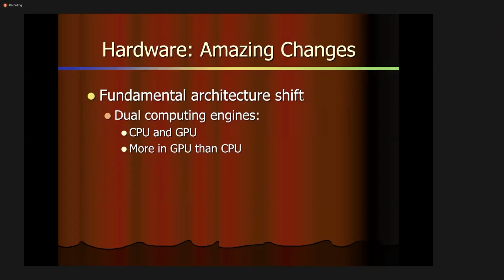When we look at the hardware, there are some amazing changes happening nowadays. The fundamental architecture is shifting from one to another. Earlier we had the VGA card, Video Graphic Accelerator. Then AGP cards were there, accelerated graphical processing cards.